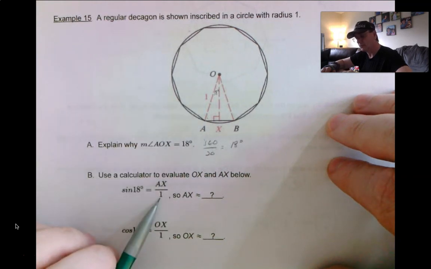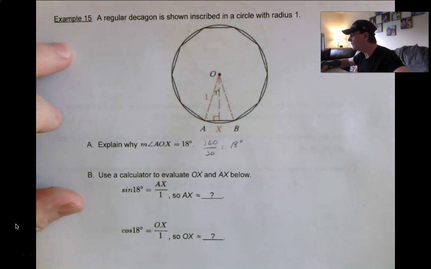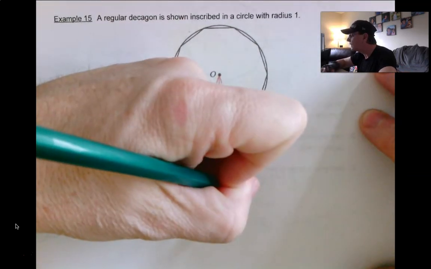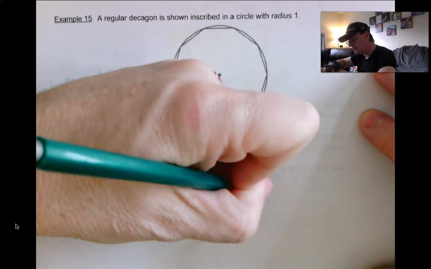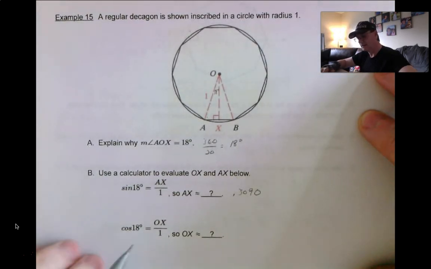So AX over 1, multiply. AX is equal to sine of 18. So 18 sine, 0.3090 is the length of AX.